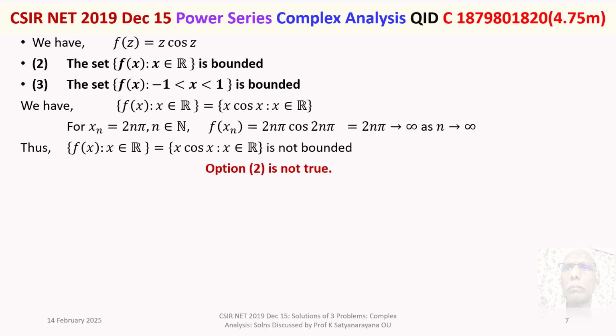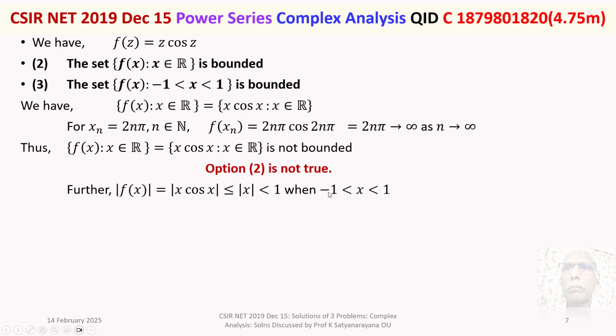Agreed. Go to option 3. Now, mod of f x is modulus of x cos x, which is less than or equal to mod x, because cos x is bounded: mod cos x is less than or equal to 1. So mod of x cos x is less than or equal to mod x, correct?